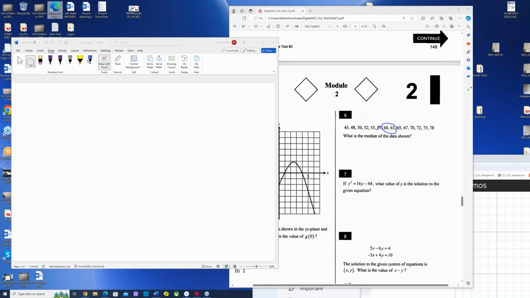Who knows how to do it fast? Who knows how to use Desmos for this? If numbers are scrambled, and in many cases they are scrambled. Who would like to know how to use Desmos for this one? Let me erase this one.